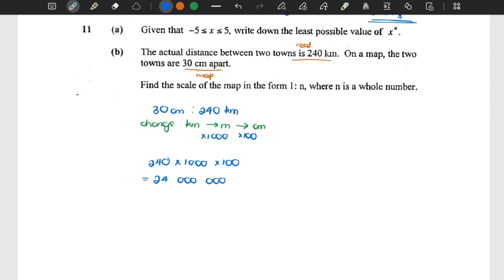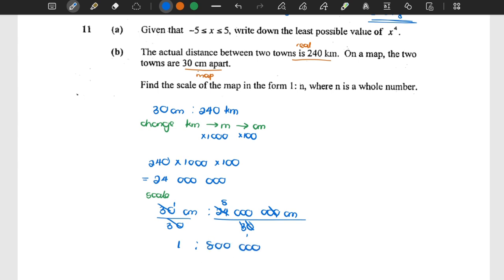Okay, great. So putting back the scale, we have 30 centimeters representing 24 million centimeters in real life. So divide both sides by 30. That will be 1 is to 2, 3 into 24, that is 8. And then the bunch of zeros, it's going to be 800,000. So that is the scale.